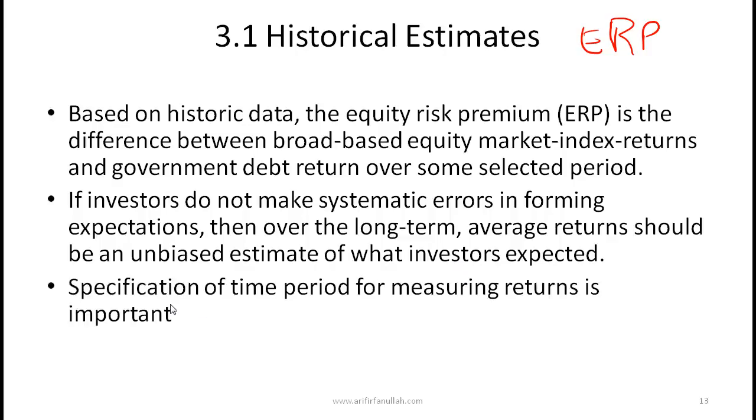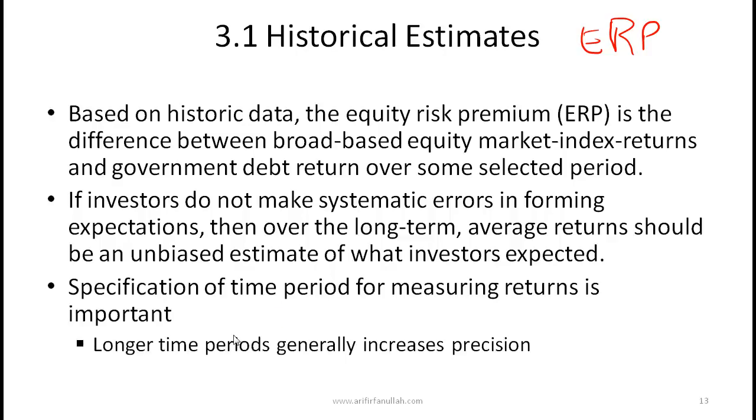Okay. The specification of the time period for measuring is important. I just picked 20 years. Now, should that be 20 years, 2 years, 50 years? Okay, now that's important. Generally speaking, if we use longer periods, the precision increases. Obviously, if we just use the last couple of years or 3 years since 2008 onwards, then what's the issue going to be?